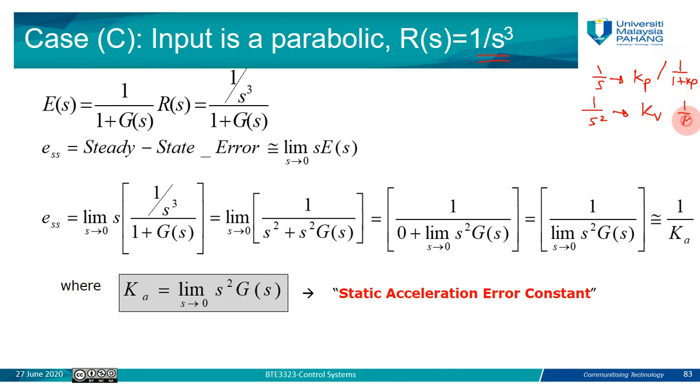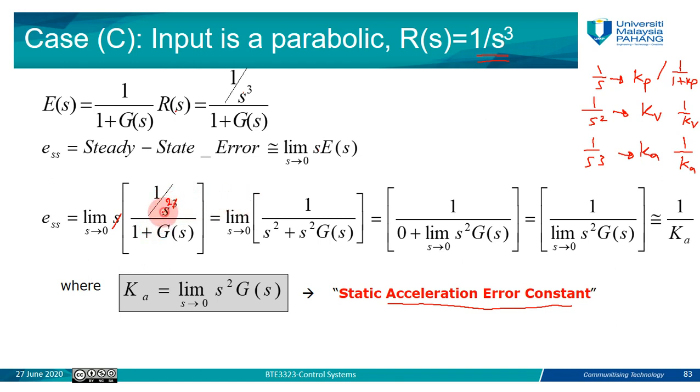Here it is 1 over kv. Now we have the input 1 over s cubic, and this gives us the constant we call ka, which is the static acceleration error constant. The error in this case is equal to 1 over ka. As you can see, you just substitute for the value of rs, 1 over s cubic, and then substitute for the error function, which is s times es. The s here will go with one s from this one, so we still have 1 over s square.